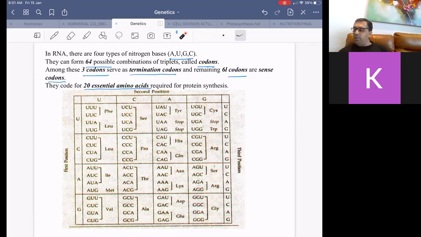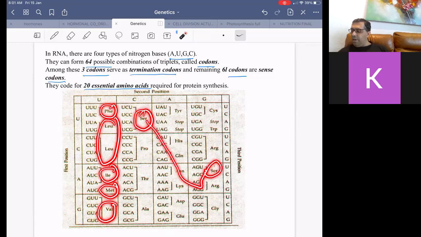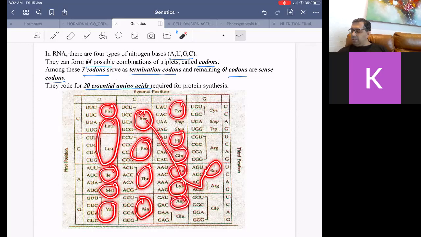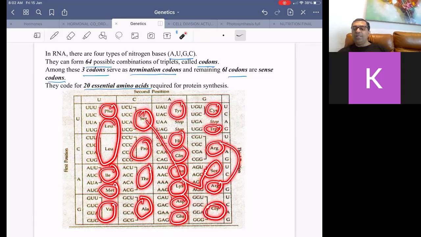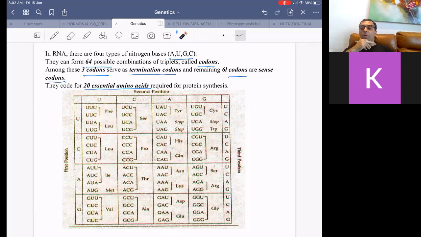So how many amino acids? 1, 2, 3, 4, 5, 6, 7, 8, 9, 10, 11, 12, 13, 14, 15, 16, 17, 18, 19, and 20 amino acids. 20 amino acids are coded by 61 codons.